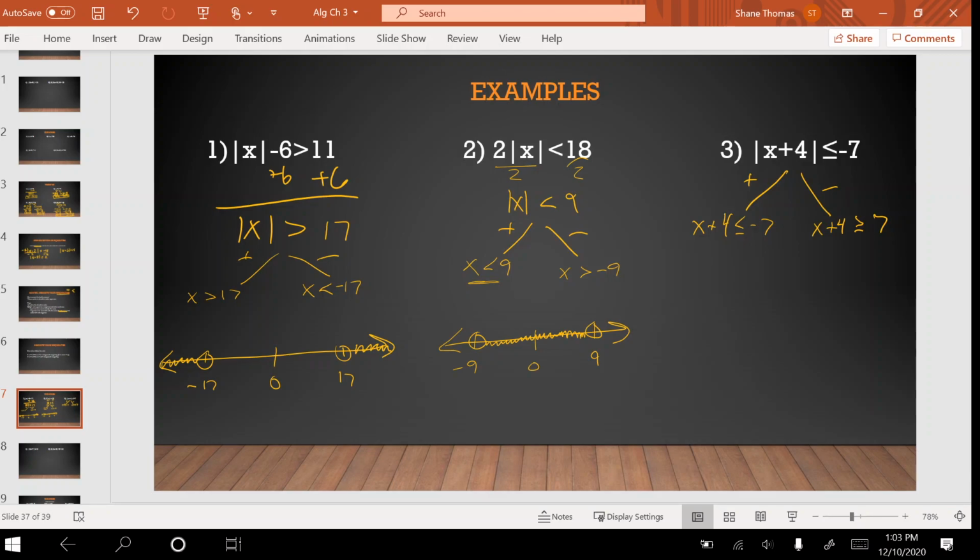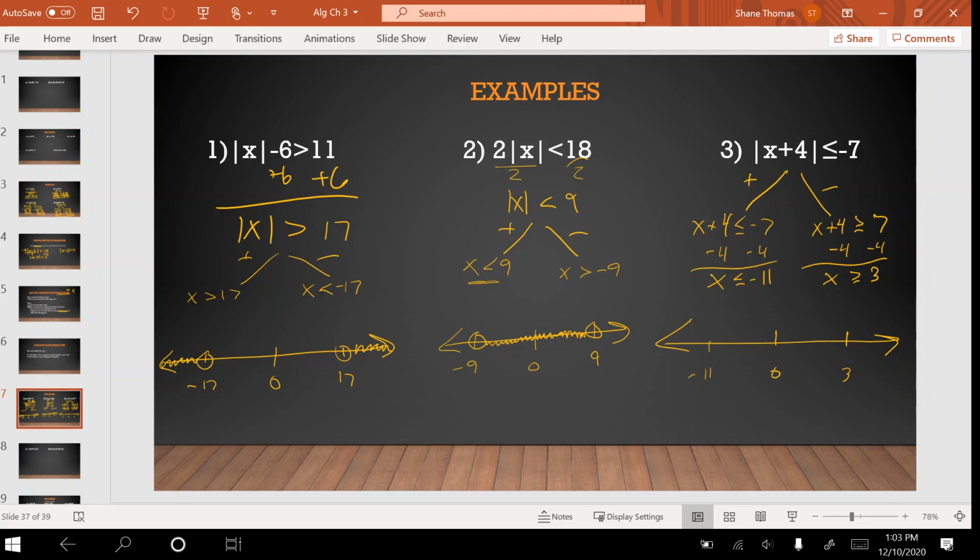So, subtract a 4, subtract a 4. X is less than or equal to negative 11. Subtract a 4, subtract a 4. X is greater than or equal to 3. All right. 0, negative 11, positive 3.